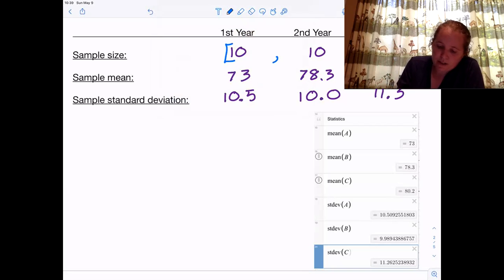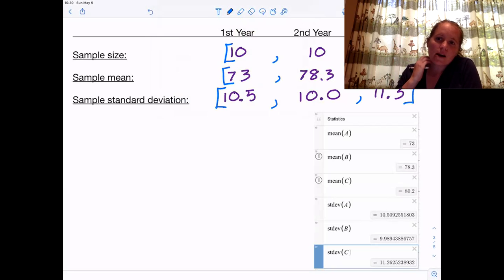For sample mean, we will plug in 73, 78.3, 80.2. And for sample standard deviation, we will plug in 10.5, 10.0, 11.3. So this is how we are going to record the information in Desmos.